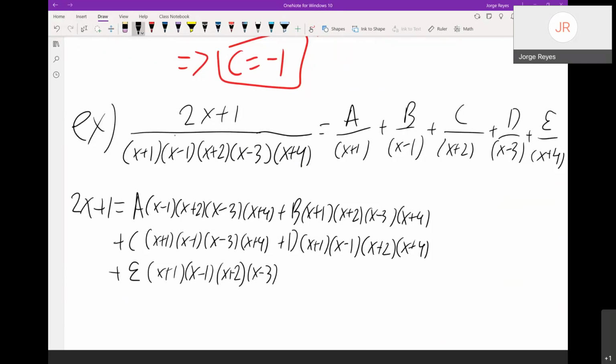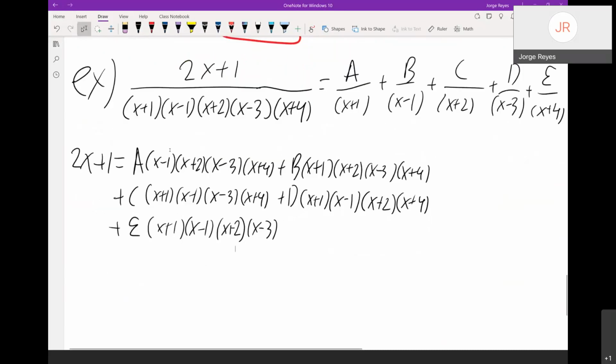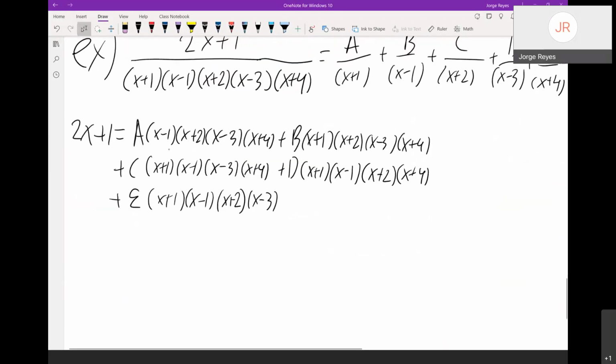All right. And now I'm just going to pick the numbers that are special. So I'm going to pick x equals 1. What happens? I'm going to get 3 equals. The only one that doesn't cancel out is this one, because that's 0, that's 0, that's 0, and that's 0. So all of the other letters are going to cancel.